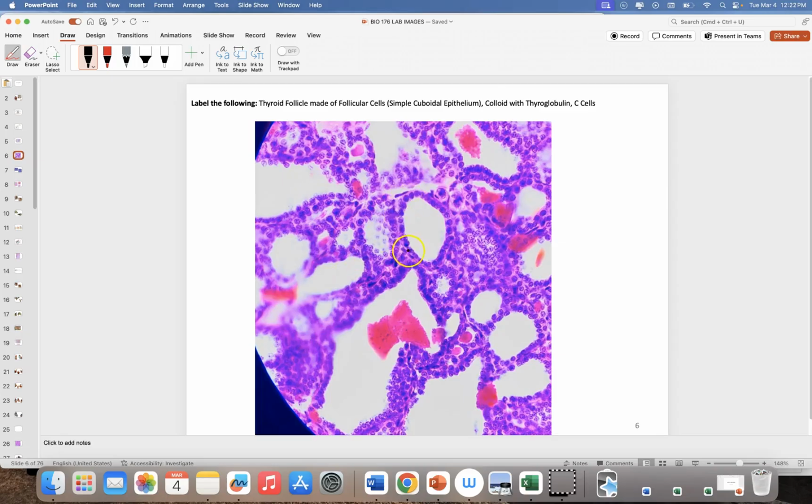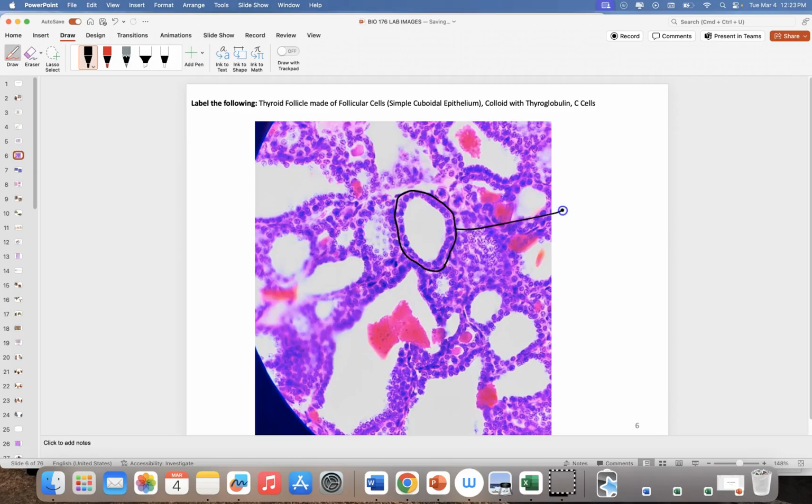These circular structures that you see here, those are going to be the thyroid follicles. There's one here. You can see there's one here. There's one here. There are several on this slide. I'm going to go ahead and circle one of them for us here.